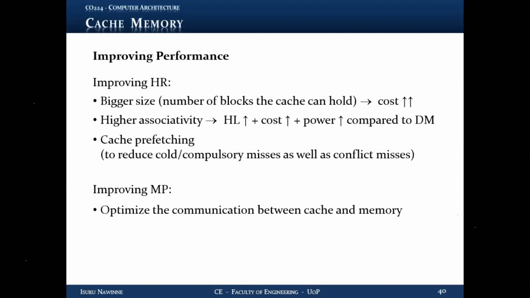What do you think? You can suggest anything. It's okay to be wrong. Don't worry about being wrong. That is what you're here to do, right? You have to make mistakes and learn, so it's fine. Just, what do you think? How might you be able to improve miss penalty?